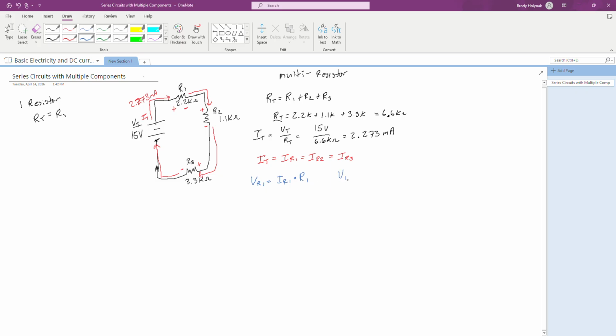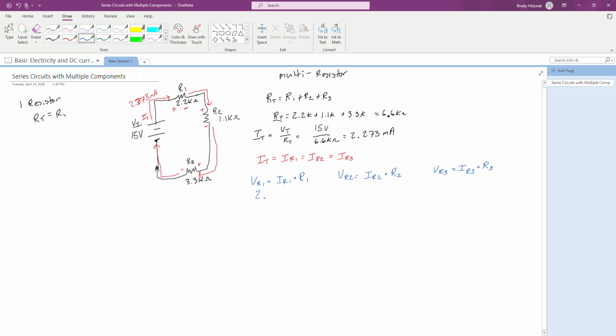The voltage of R2 is going to be the current of R2 times the resistance value of R2. And the voltage of R3 is the current of R3 times R3's value. In this series circuit, the current's the same everywhere, so I total is the same as I1, I2, and I3, so all three of these are going to have the same value for those individual resistor currents.